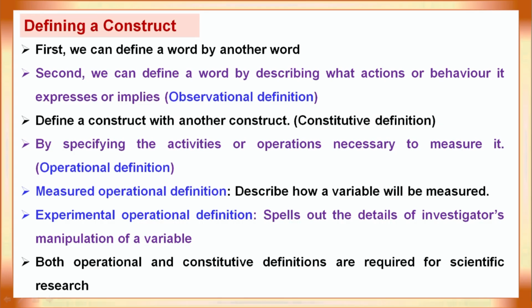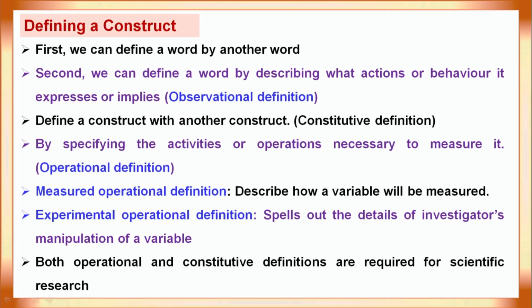You can define a word by another word, or you can simply define a word by describing what action or behavior it expresses. Like if you try to define the word intelligence, you can define it by mental acuity, or you can define it by saying that if a particular child is able to read a particular text or solve a mathematical problem, then he or she is an intelligent child.